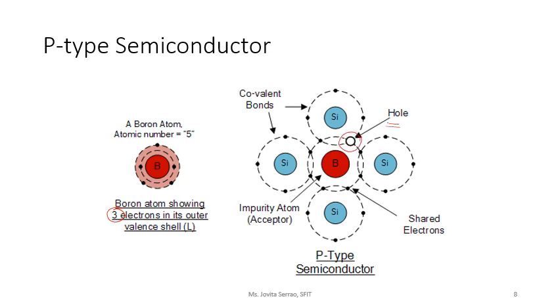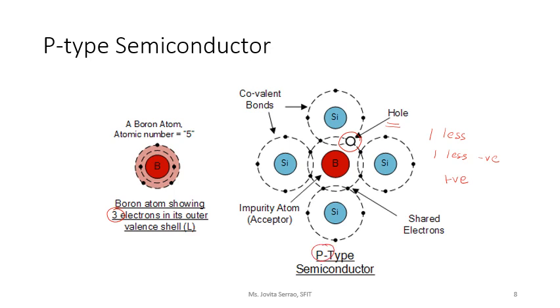Now, since this is a hole, when is a hole created? A hole is nothing but an empty bench, and an empty bench is created when an electron leaves. That means I have one less electron. So I have one less negative charge. If I have one less negative charge, that means I have a positive charge. So what you have over here is a p-type semiconductor.